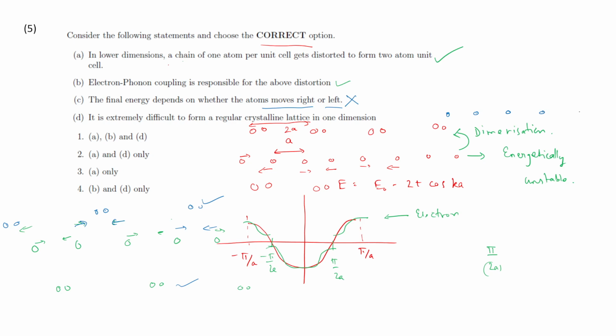But since it is unstable and it has the tendency to dimerize, this tendency of dimerization makes this one-dimensional regular crystalline material very energetically unstable, and that is why it is true that it is extremely difficult to form a regular crystalline lattice in one dimension. So this is true. So your answer is A, B and B.